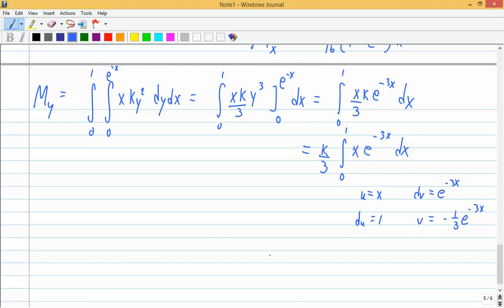So this integral is k over 3 times uv, so it's negative 1/3 x e to the negative 3x minus the integral of v times du. And then whenever you do all of that, once we do this other integral, we're going to evaluate everything from 0 to 1.